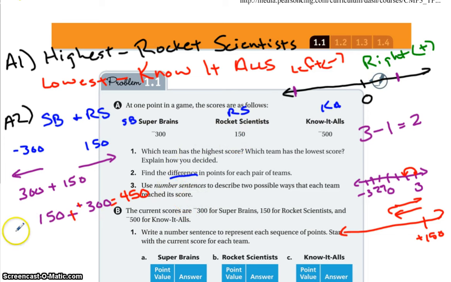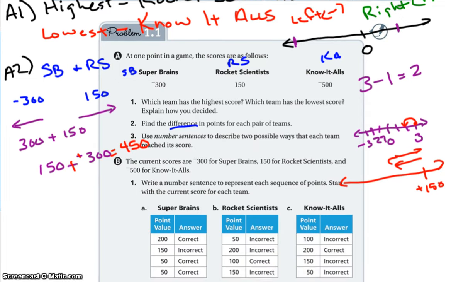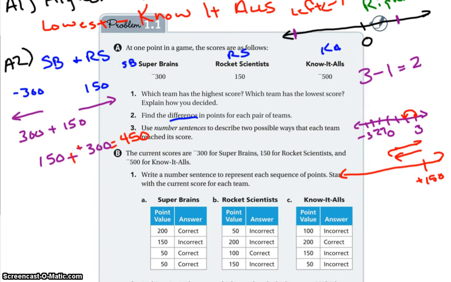Okay? Now, let's take a look at one more before I stop the video for today, and then I'll let you finish the questions. Let's take a look at the superbrains. I said I was going to use abbreviations, so let's simplify this a little bit. Let's do the superbrains and the know-it-alls.